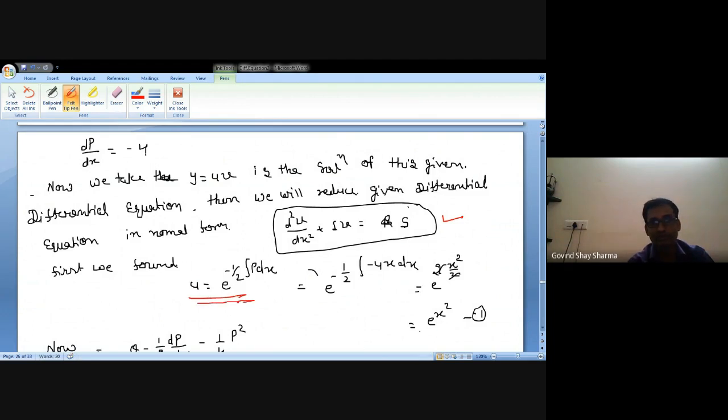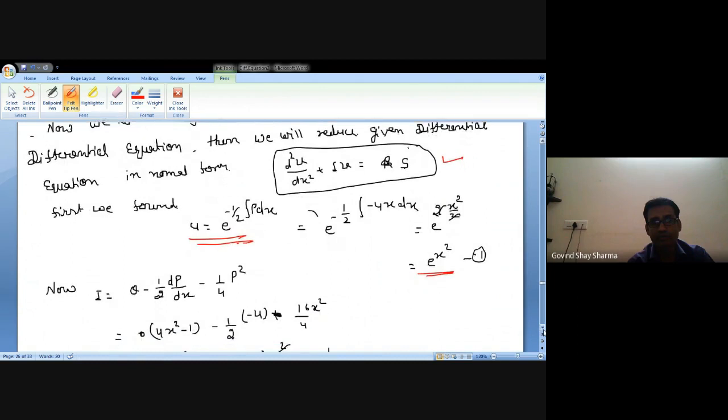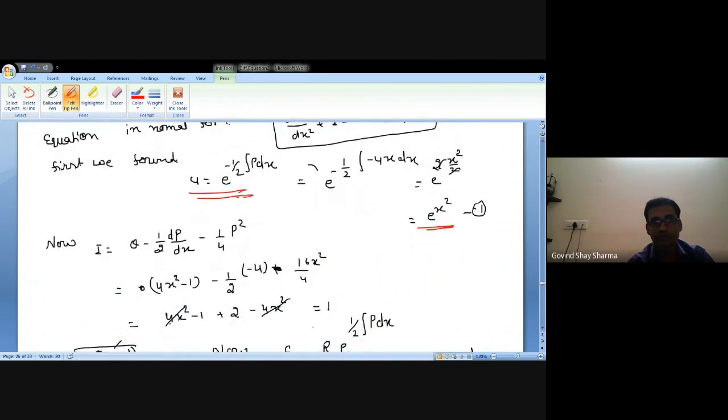Putting p is equal to minus 4x, we then find I with the help of the formula q minus half dp upon dx minus one fourth p square. Put the values and get I is equal to 1.